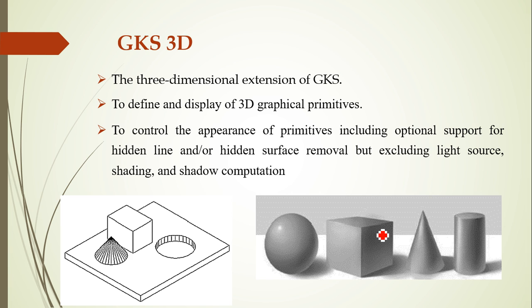these figures will actually be constructed by means of a group of lines, group of points and so on. In addition to that, GKS 3D helps in controlling the appearance of your particular drawing.